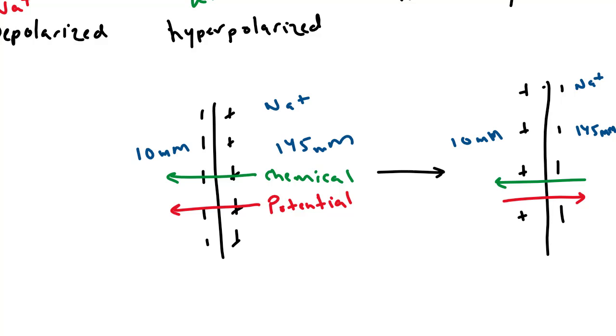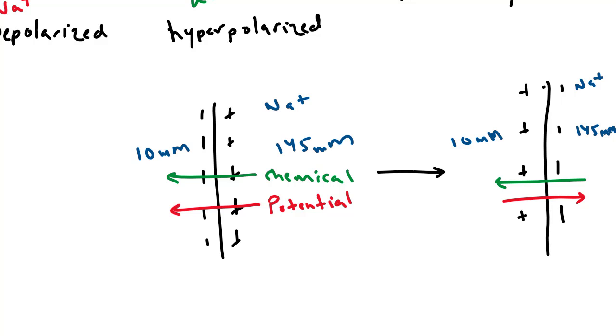Remember that when you make a membrane very permeable to a certain ion, the membrane potential starts to move toward that ion's equilibrium potential, and that equilibrium potential is very dependent on the concentrations outside and inside.